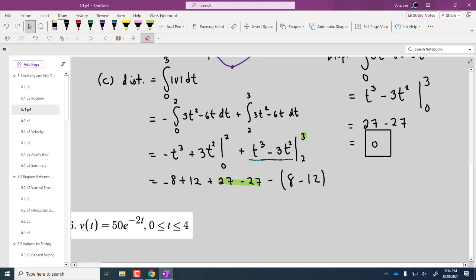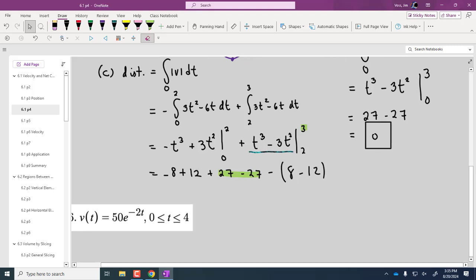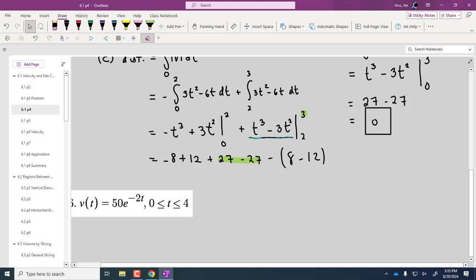So that negative gets distributed to here. Because this is t cubed, but then distributing the minus gives minus t cubed. This integrates to -3t squared, but then the negative distributes to make it positive. So that one has been distributed, which is what I was thinking about. I was thinking too much about the negative and didn't write the exponent properly.